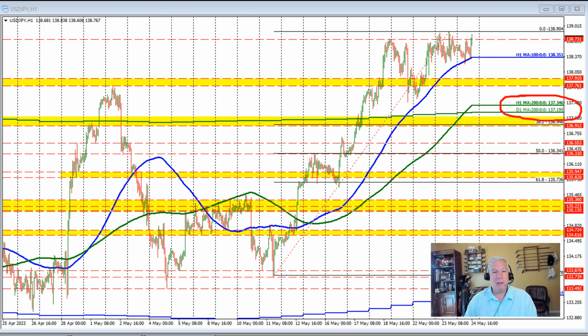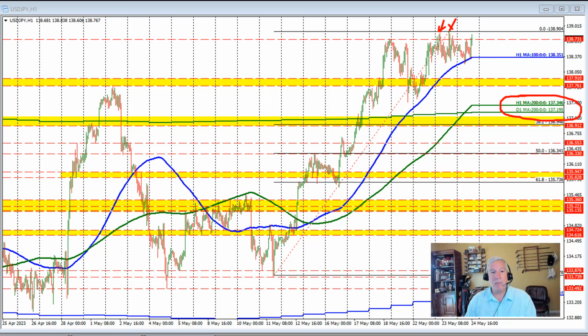Now on the top side, can't call it like we're running away. The high prices from yesterday took out the high prices from last week, but only by about 17 pips before the market rotated to the downside, both here and here. That was a disappointment on the break for each of those times.